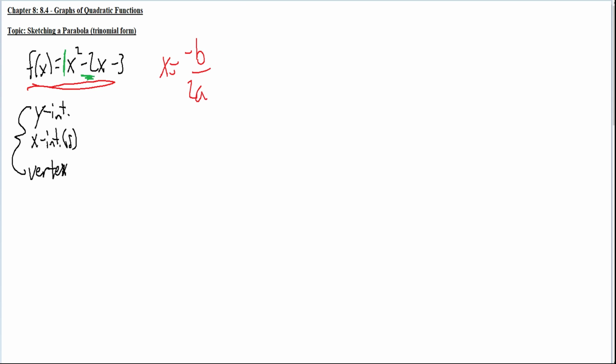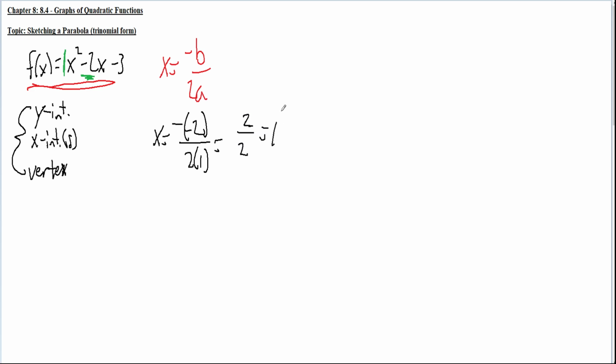So we substitute those values in, and we have negative times negative 2 divided by 2 times 1.